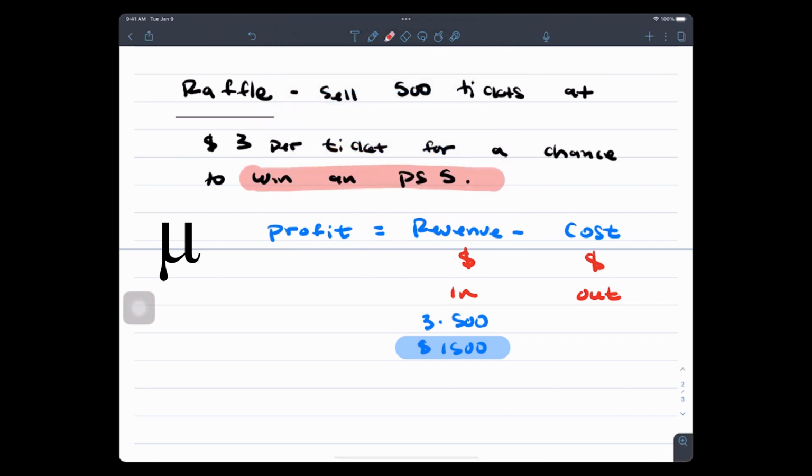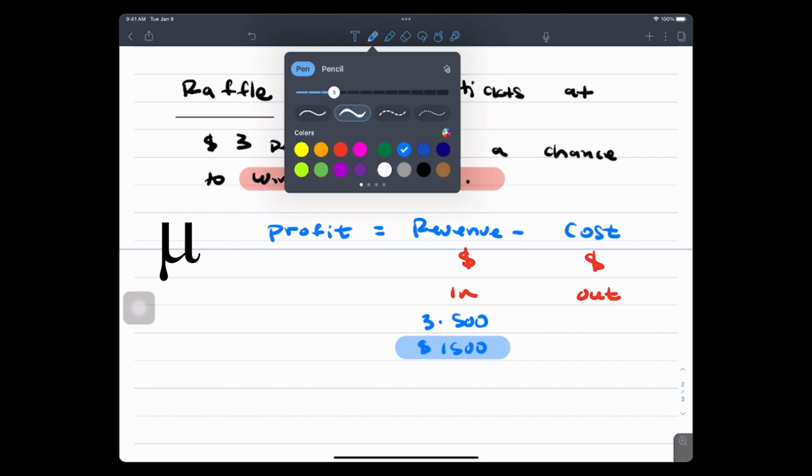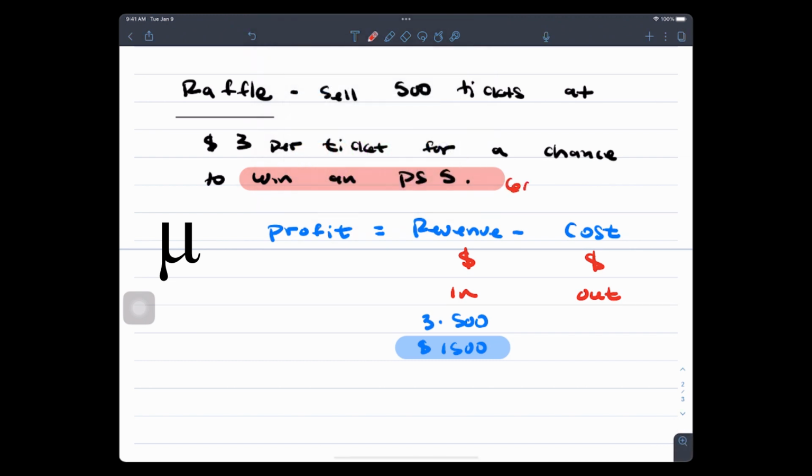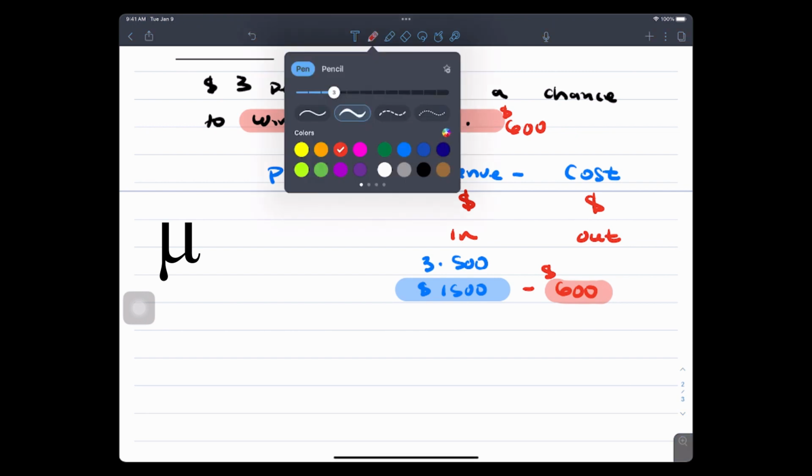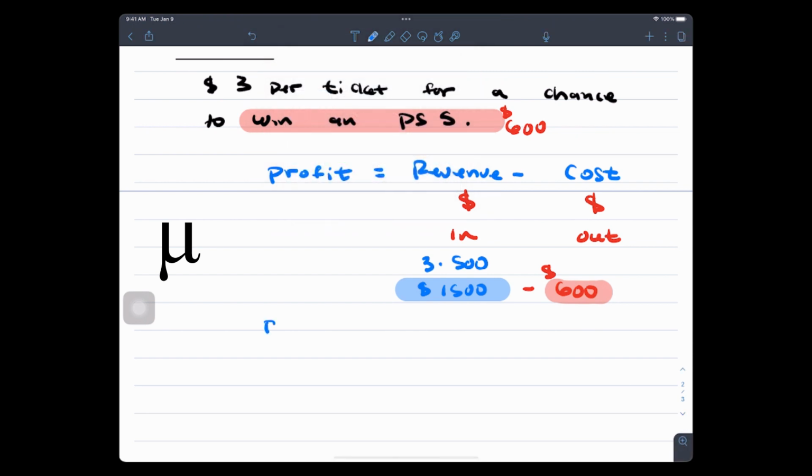What are you going to win? A PlayStation 5. How much are PS5s? Let's say $600. So guess what you had to spend for the prize? You had to spend how much money? $600. So what's your profit going to be then? What's 1,500 minus 600?